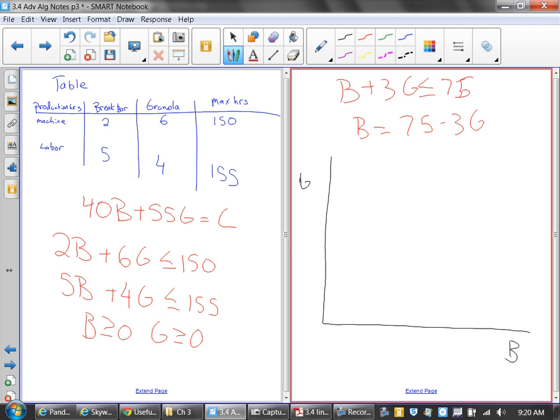So we go through, you know that your B-intercept is at 75. Your G-intercept is at 25. And then from there, working inward, so you draw your arrow.